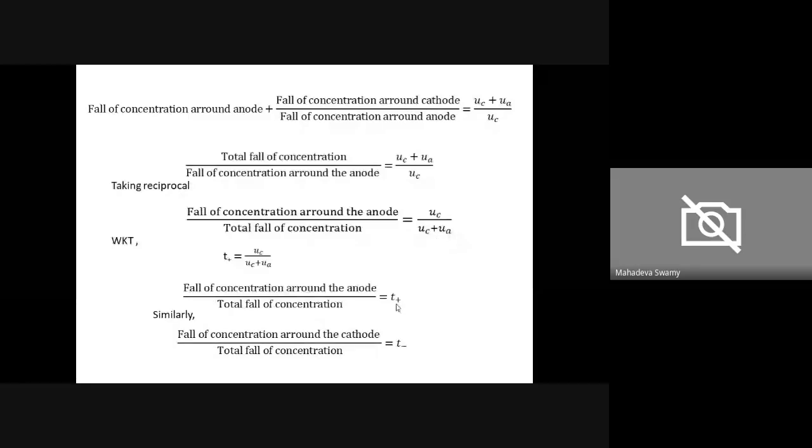Similarly, fall of concentration around cathode divided by total fall of concentration is equal to T minus. So this is the representation of Hittorf's number.